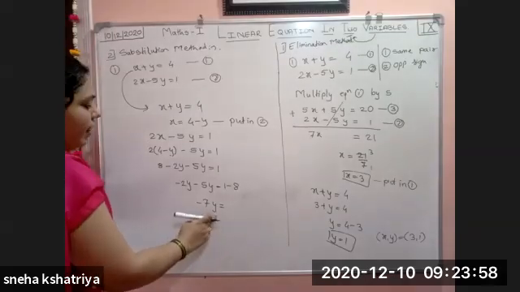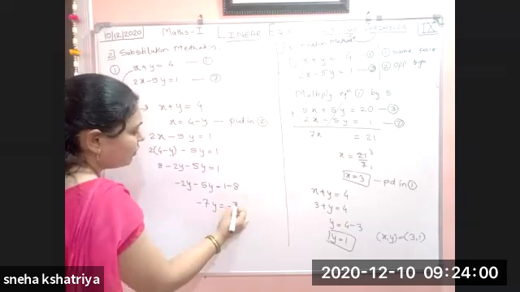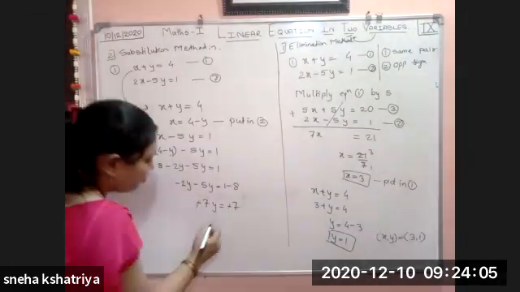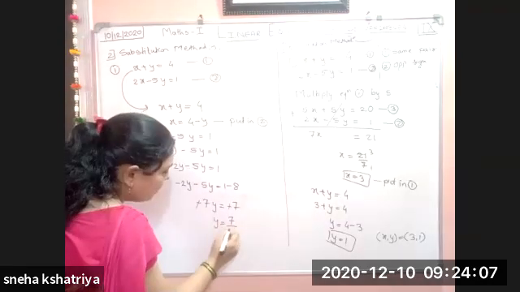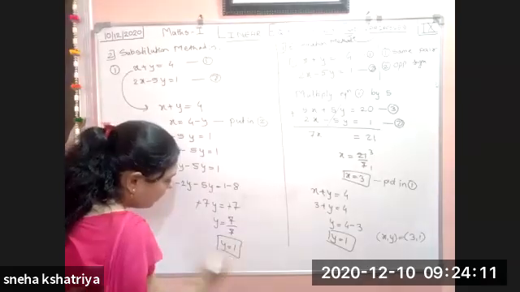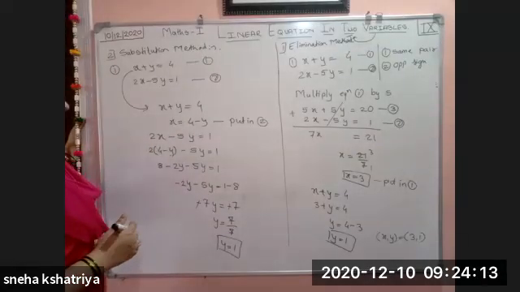So this will become minus 7y, which is equal to 1 minus 8, that is minus 7. Your minus sign gets cancelled. So y is equal to 7 divided by 7. Again 7 gets cancelled. y is equal to 1. You get the y value as 1.